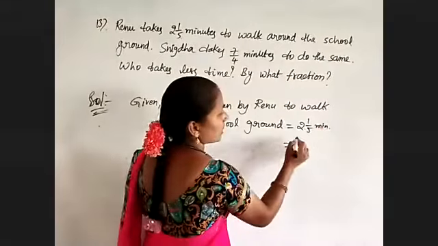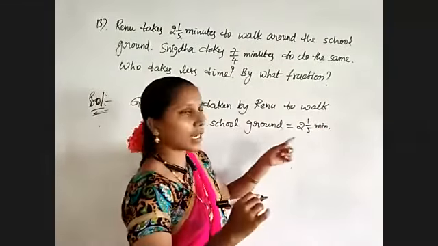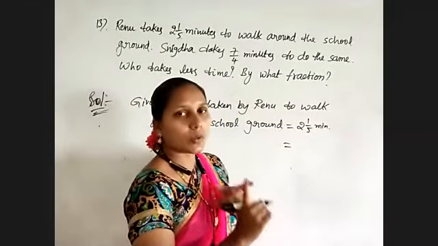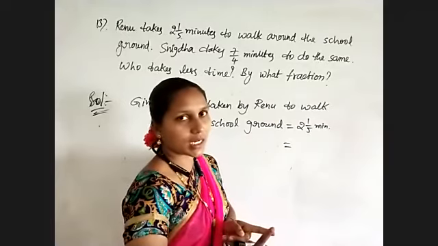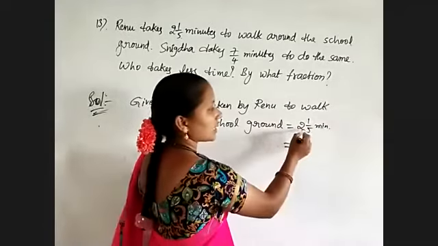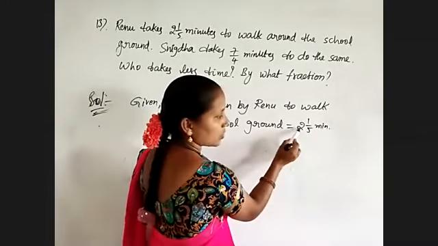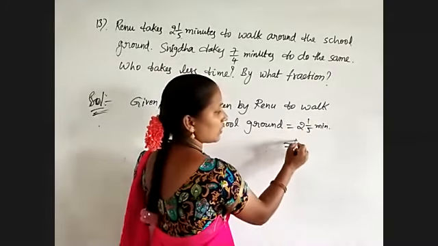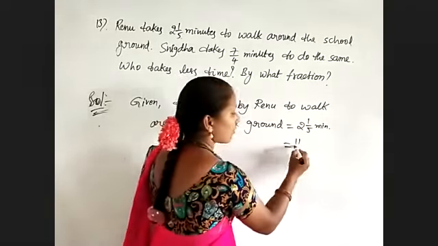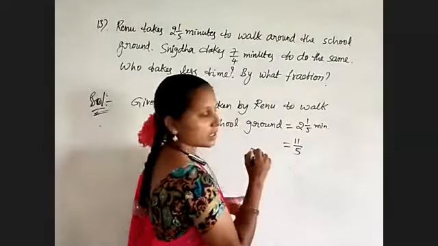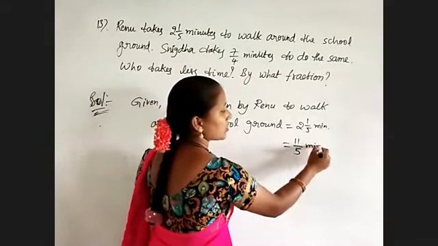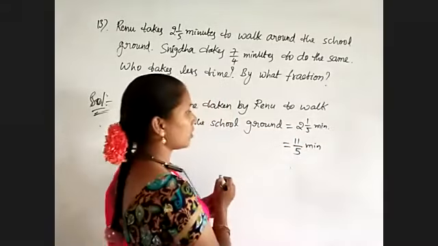That is nothing but a mixed fraction. So whenever you are getting a mixed fraction, first thing you need to convert it into an improper fraction for calculations. So 2 5s are 10. How are we converting this? We need to multiply. So 2 5s are 10, 10 plus 1 we will get 11. After the conversion also we will get the same denominator. So 11/5 minutes she is using to walk around the school ground.